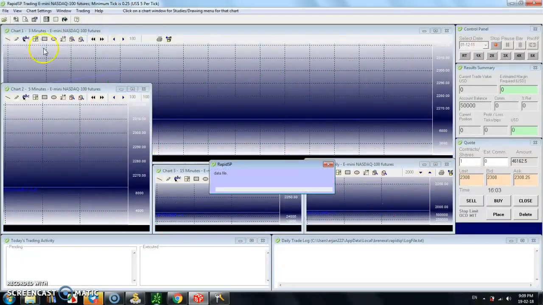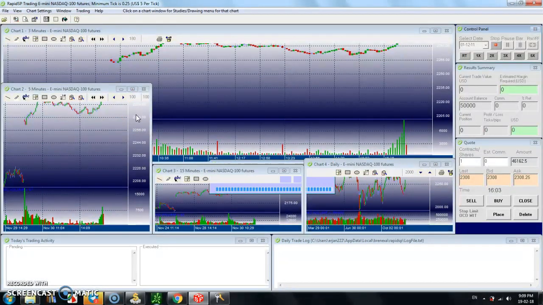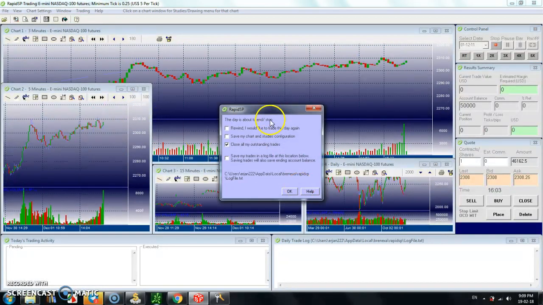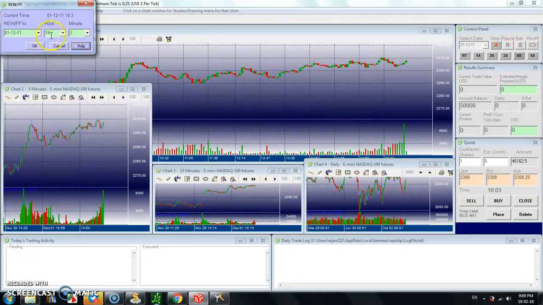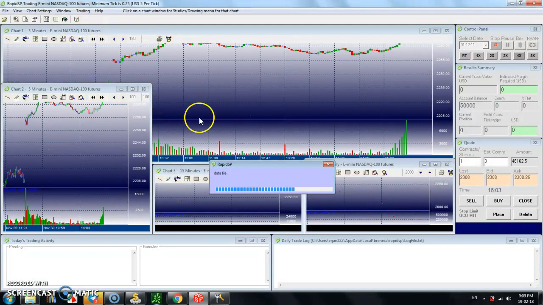Again, I'm just repeating myself. If you want high quality data, starting from tick data, and you want to see the best quality of charts and play with it, then this is probably a better solution.